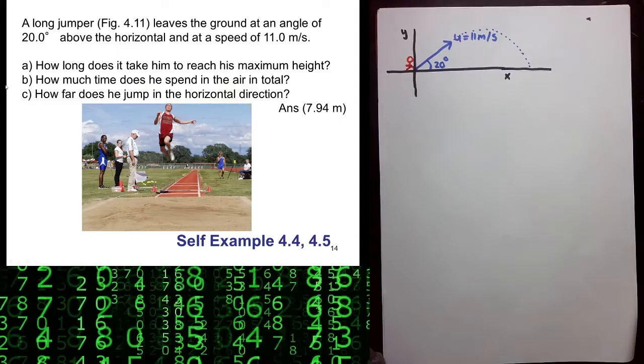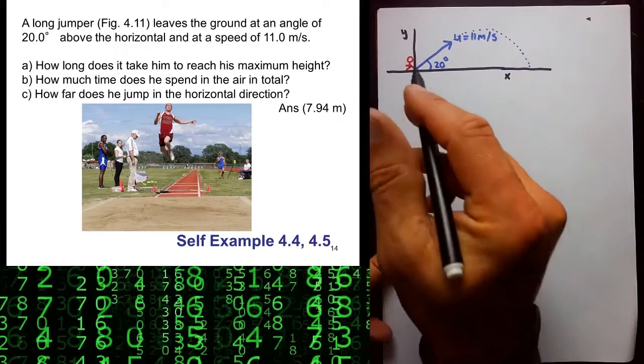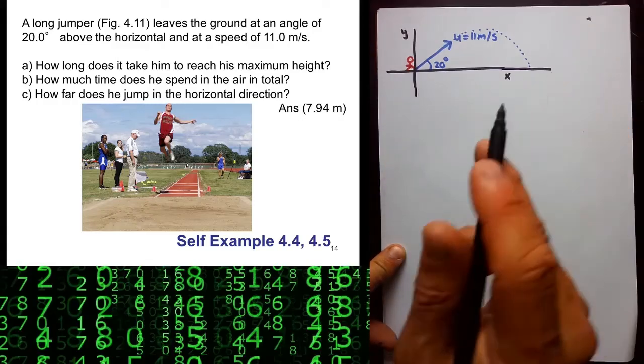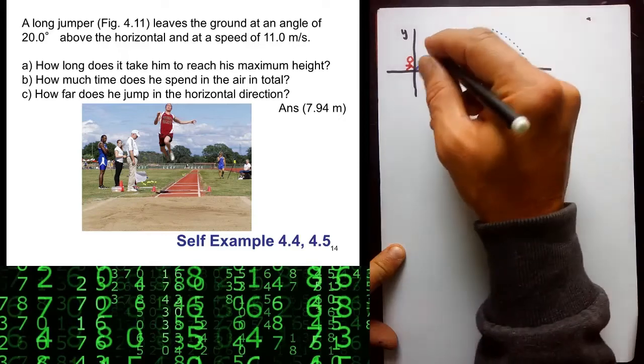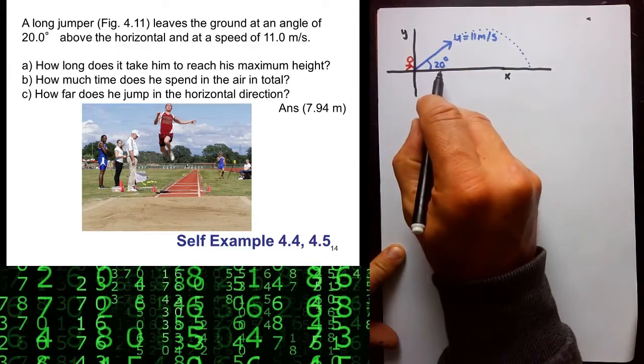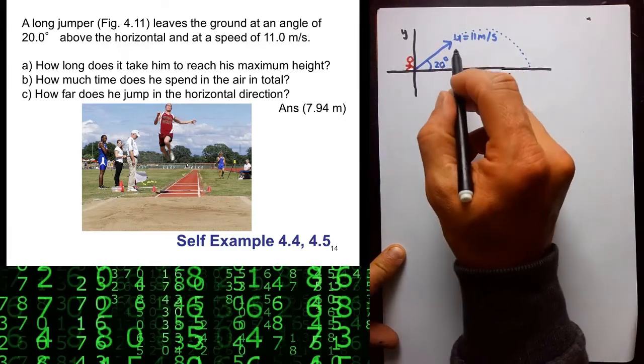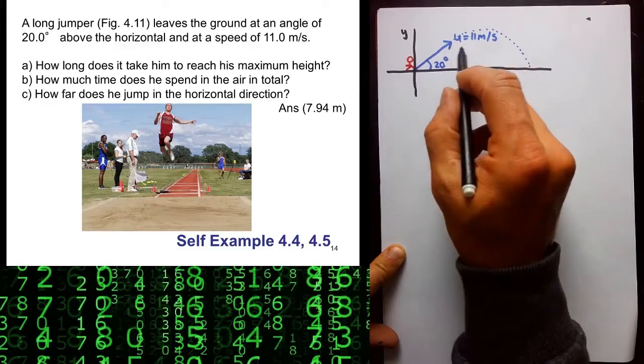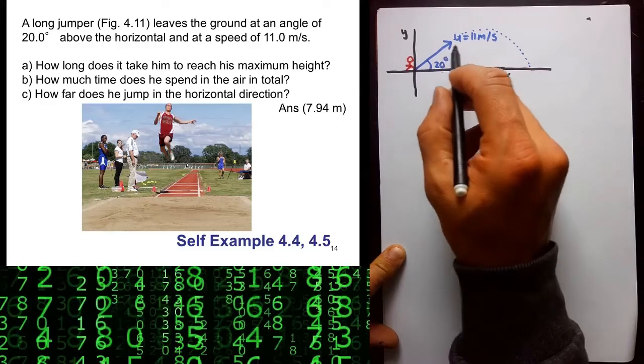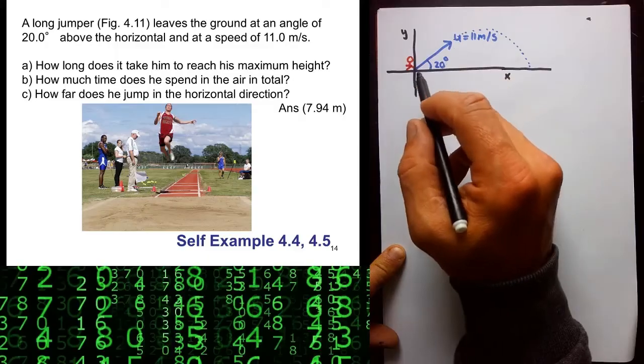So in order for us to tackle this type of two-dimensional problem, we start with a drawing, and this is the information we've been given, that he launches at 20 degrees, and he has an initial speed of 11 meters per second.